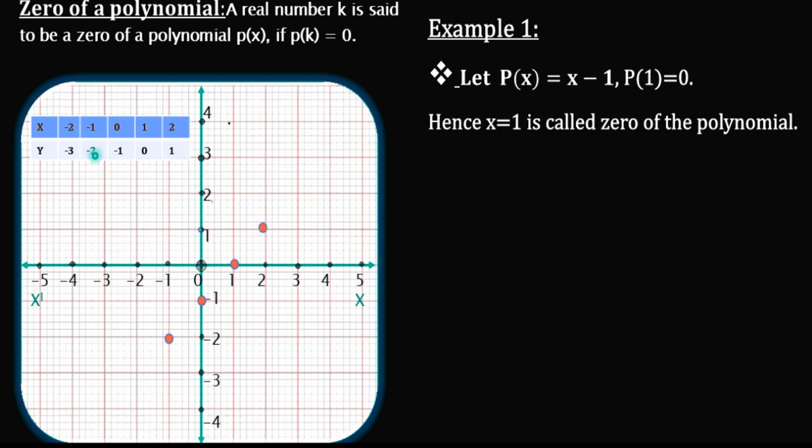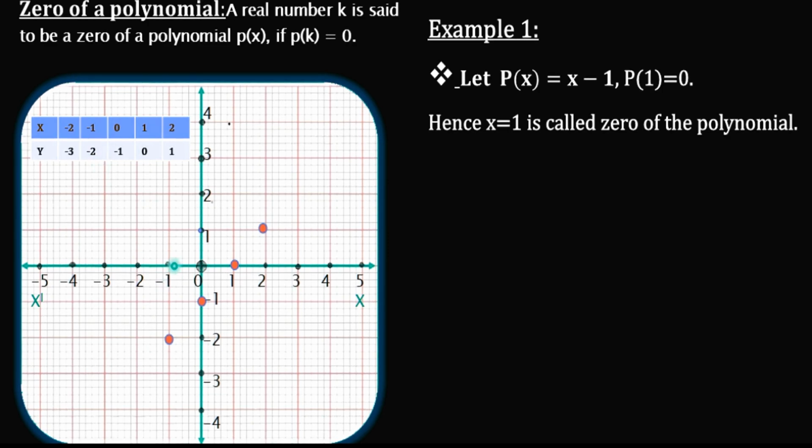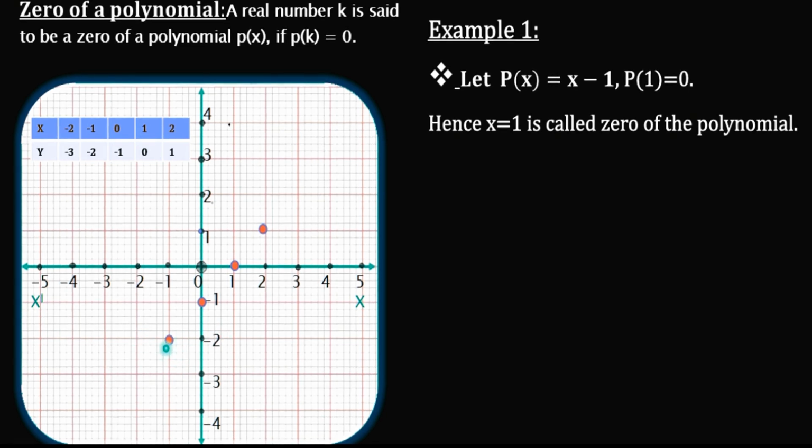Now negative 1 comma negative 2, that is the intersection of x coordinate negative 1 and y coordinate negative 2, is this point. So we get our points here.